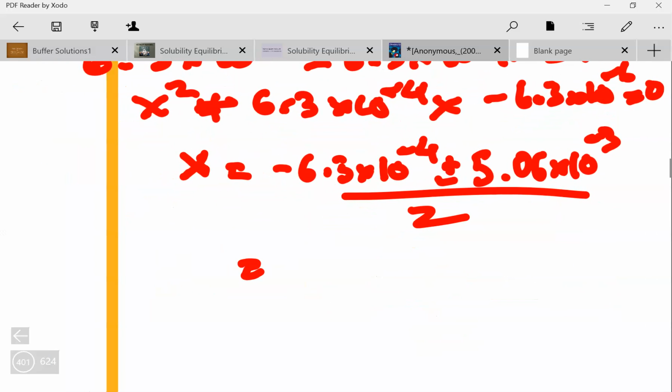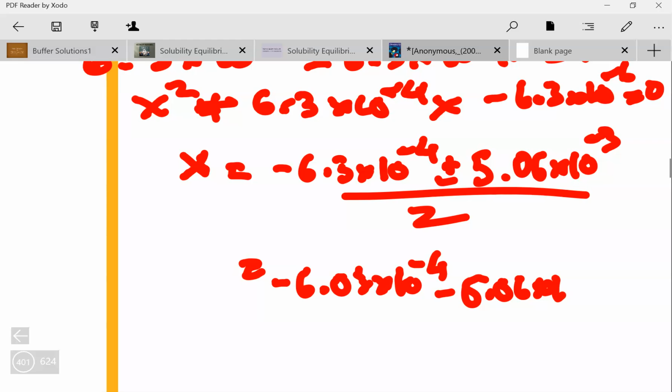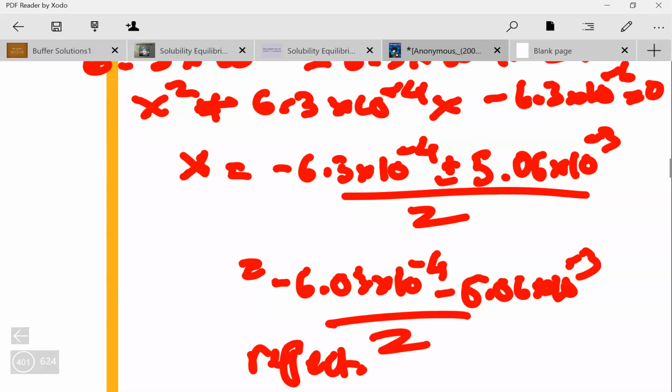So I'm going to reject one answer: negative 6.3 times 10 to the power negative 4 minus 5.06 times 10 to the power negative 3, divided by 2, is rejected, as x cannot be negative.